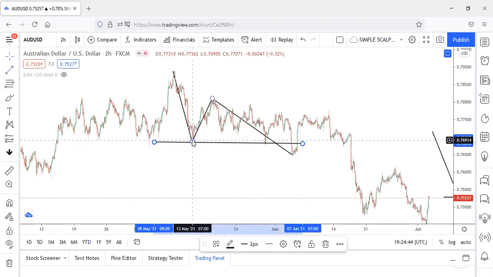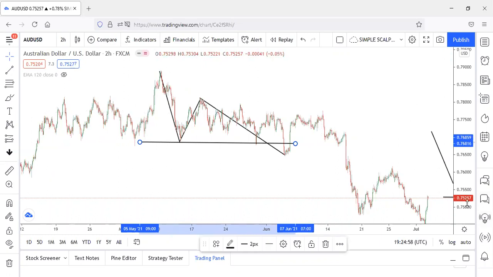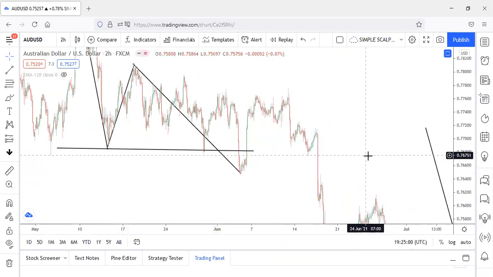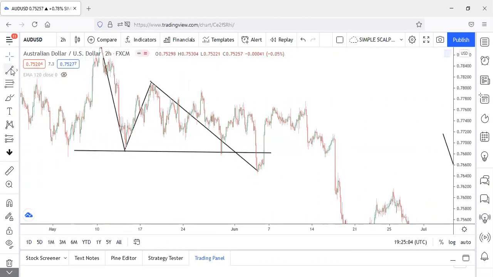By having this level taken out, it's a confirmation to a lot of traders, even thousands of traders, that this is now on a downtrend. So with that in mind, the next thing a trader wants to start looking out for is the retracement.